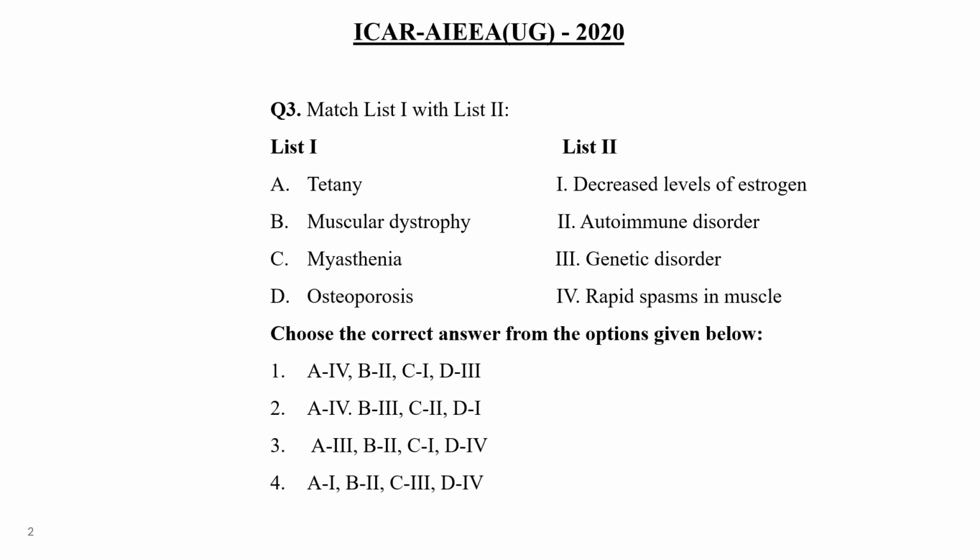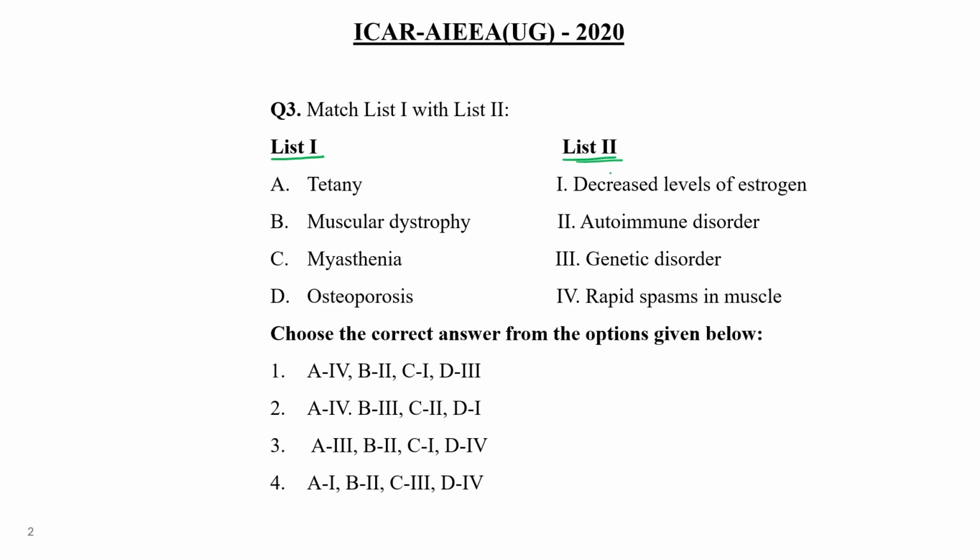Next, match list 1 and 2. In list 1, they have given some kinds of disorders which are related to muscles or bone, and in list 2 they have mentioned the type of disorder.